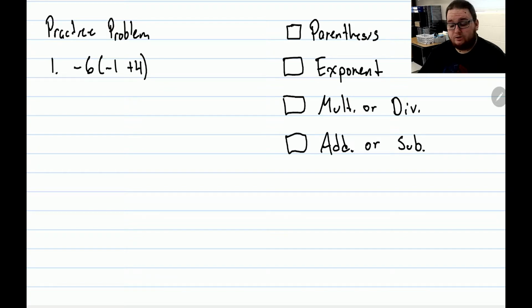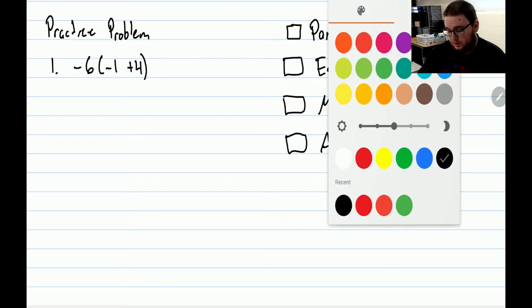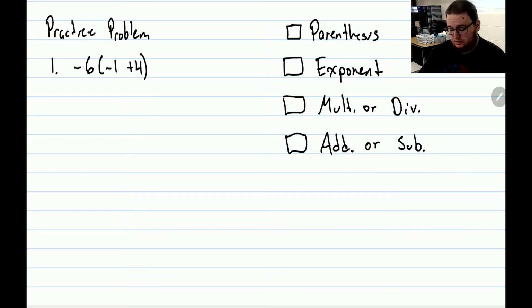From here, we're going to do each step individually. So what I'm going to ask you is, do you see any parentheses? And your answer should be yes. So we have -6 parentheses -1 plus 4. Anything in red is what we have to do first.